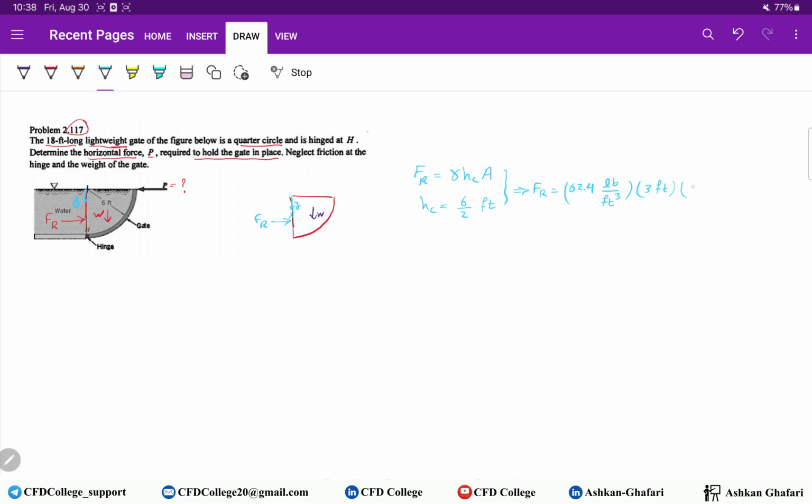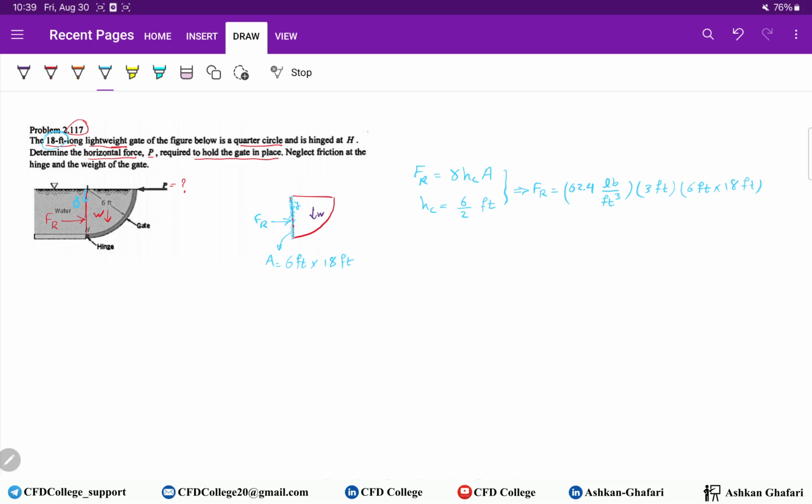So the area of the gate, but we are calculating Fr. So in this way, we can assume the gate has this section. So the area of this section is 6 feet times the width, which is 18 feet, the width of the gate. So the area is 6 feet times 18 feet.